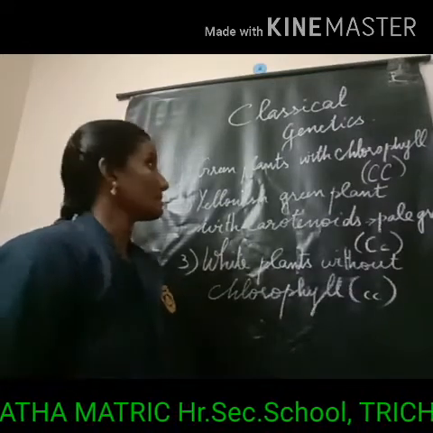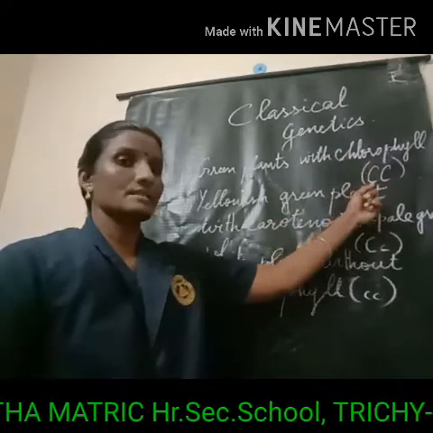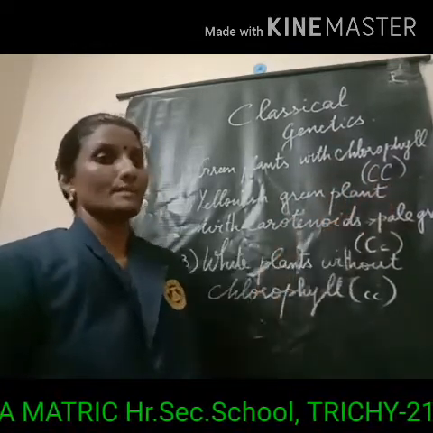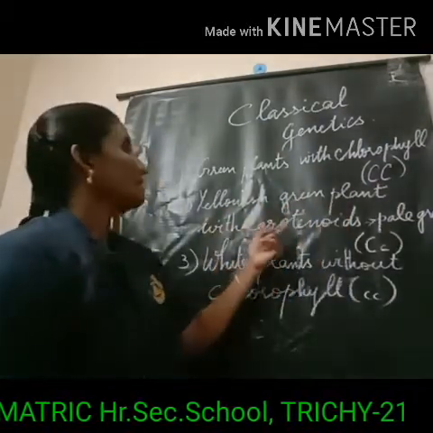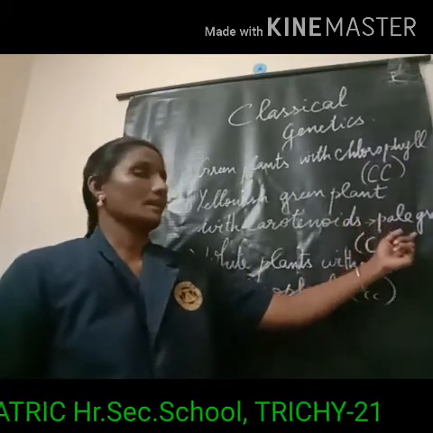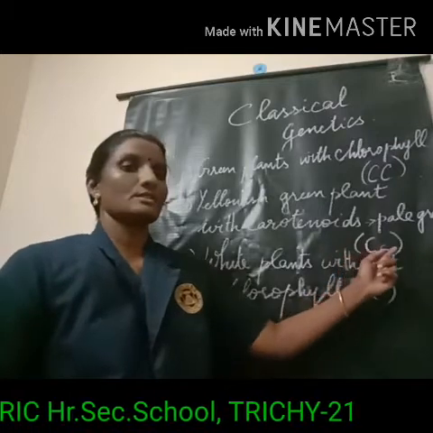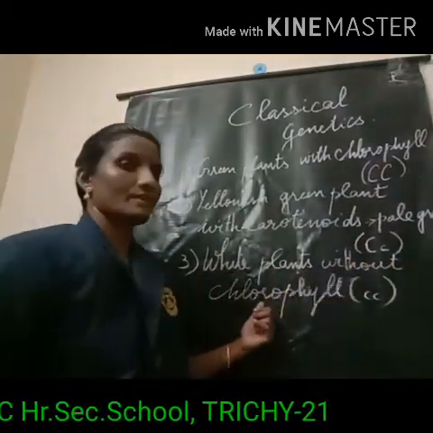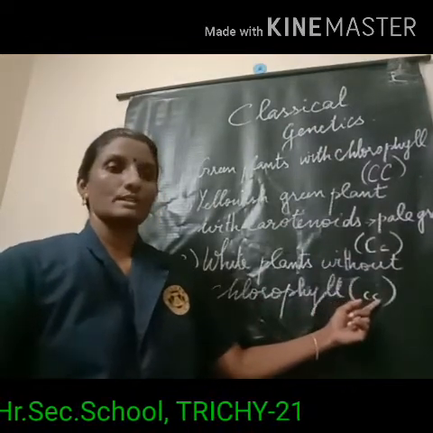The first type is green plants with chlorophyll, represented by capital C and capital C. The second type is yellowish green plants with carotenoid, called pale green, having capital C and small c. The third is white plants without chlorophyll, represented by small c and small c.